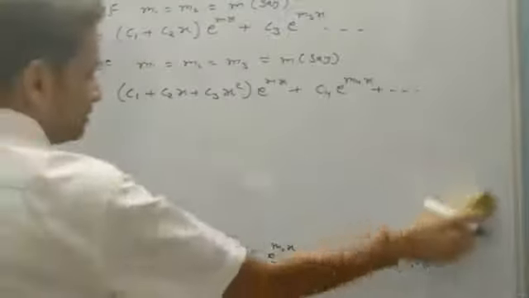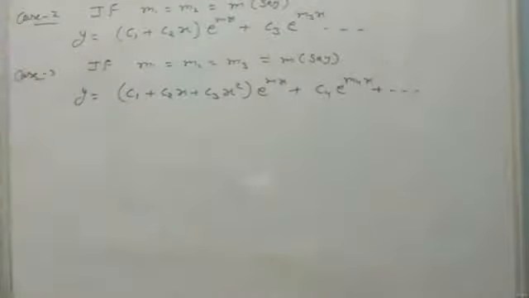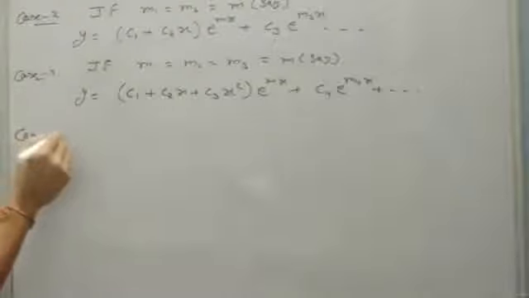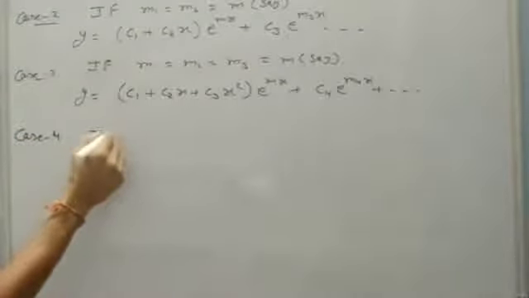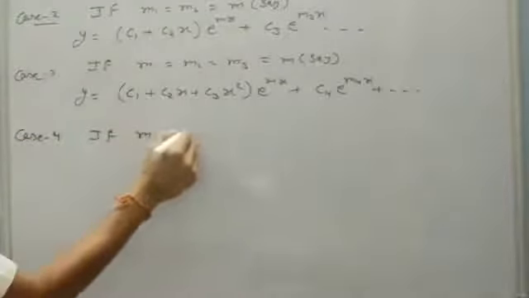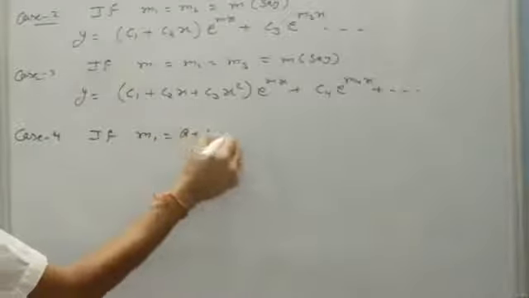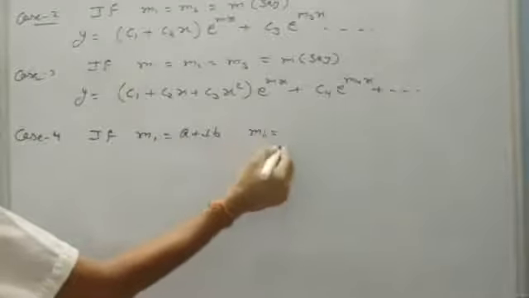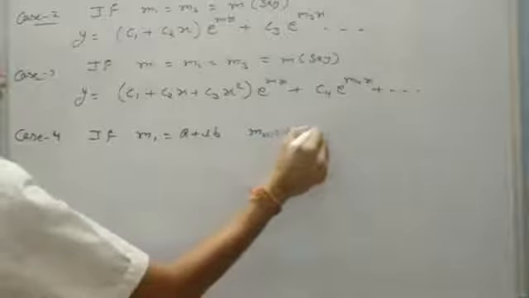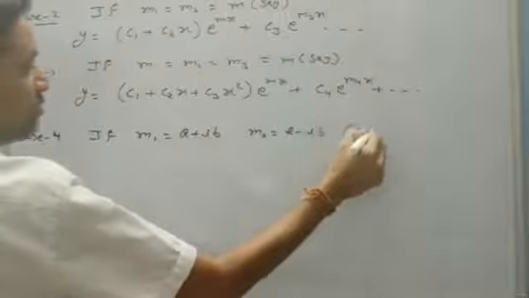There are some special cases also. There is no necessity that the roots are always simple; there can also be complex roots. So case number 4: if m1 is equal to a plus ib and m2 is equal to a minus ib, we have complex roots.